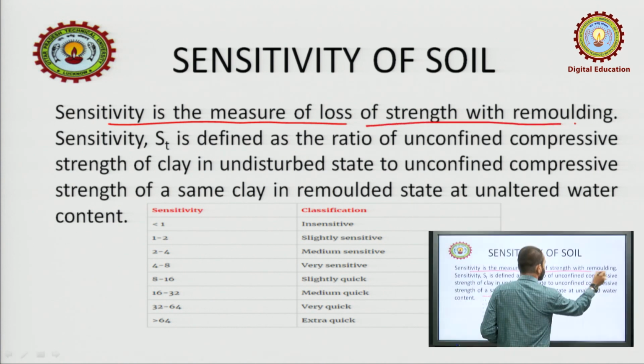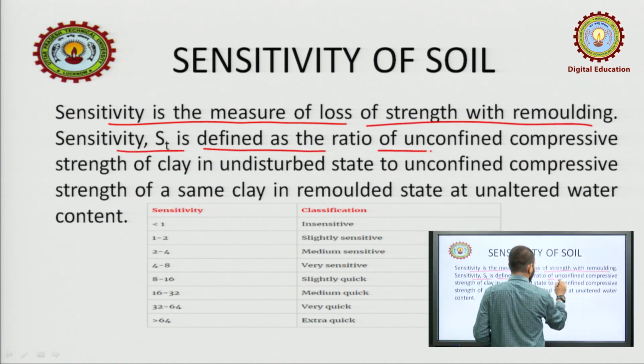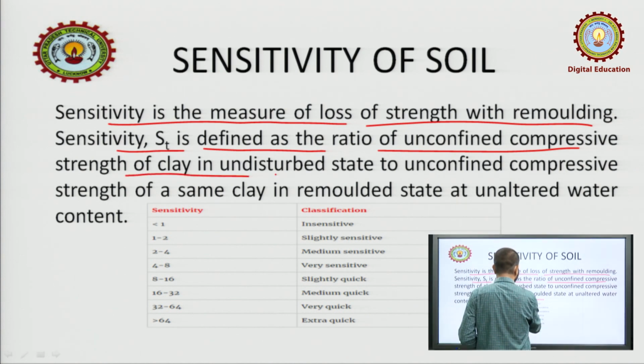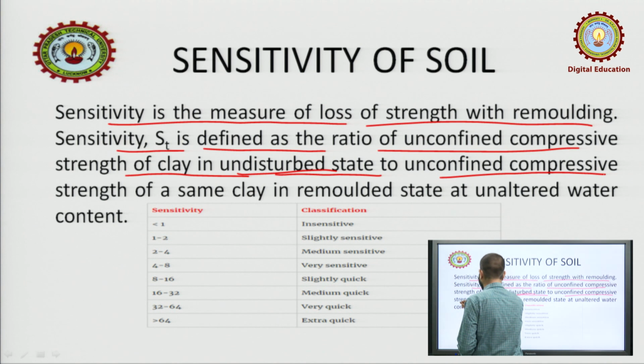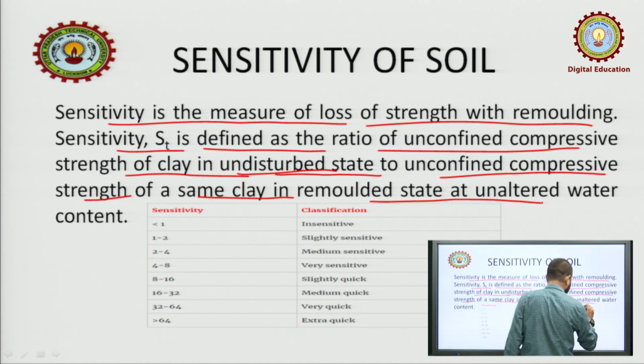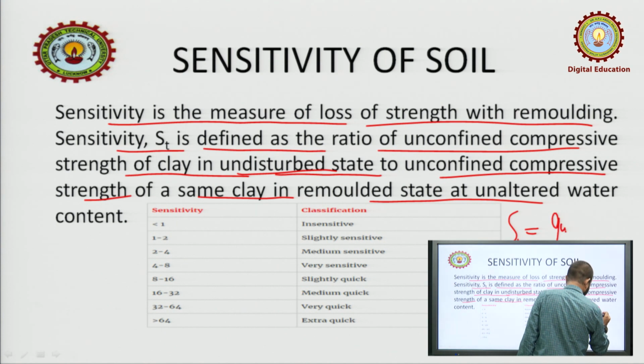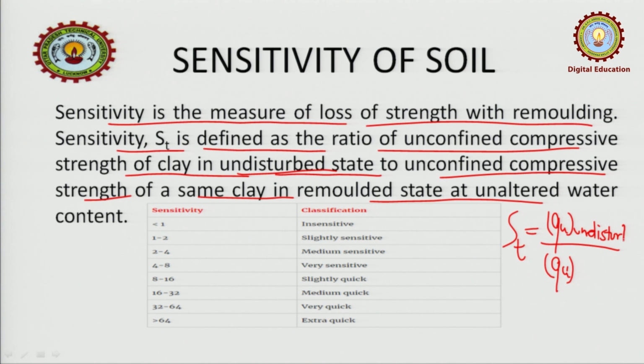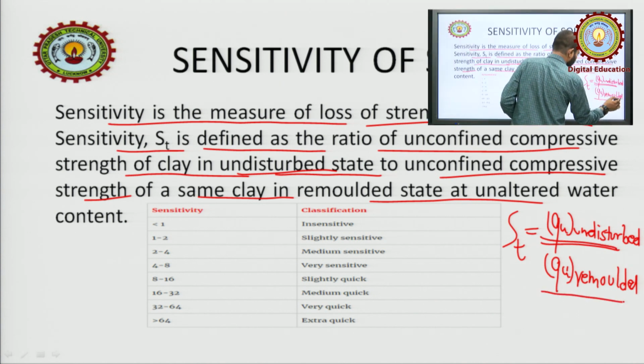Sensitivity is the measure of loss of shear strength with remolding. St is defined as the ratio of the unconfined compressive strength of the clay in the undisturbed state to the unconfined compressive strength of the same clay in the remolded state, that is, St equals qu undisturbed upon qu remolded.